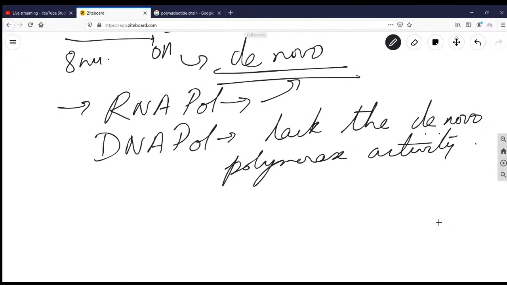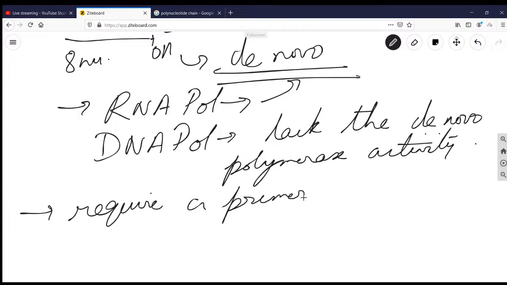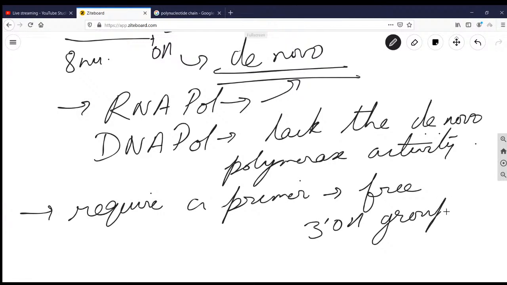Thereby, they require a primer, a short stretch of nucleotides, 5 to 8 nucleotide sequences, to provide them a free 3' OH group. To that free 3' OH end, the deoxyribonucleotides can be attached. So that is the main role.